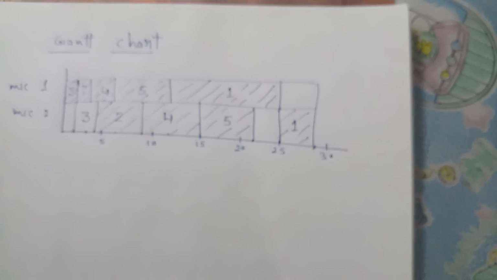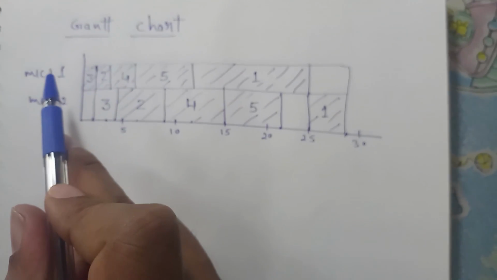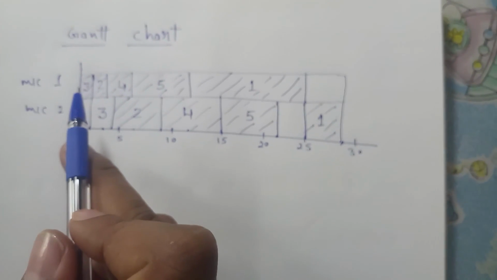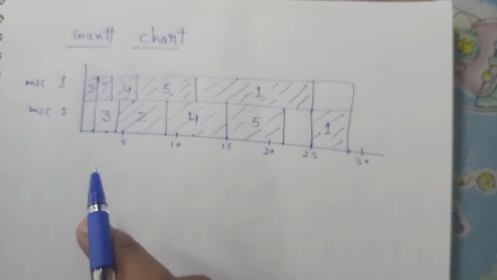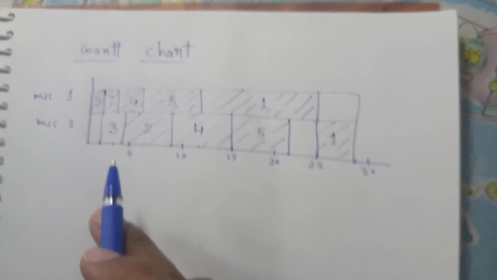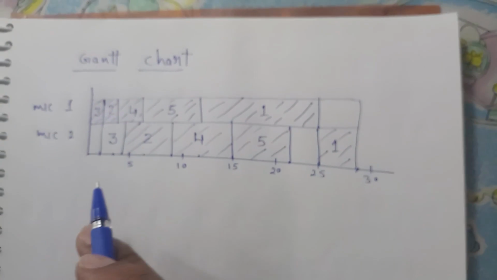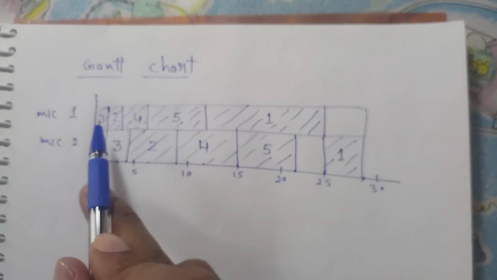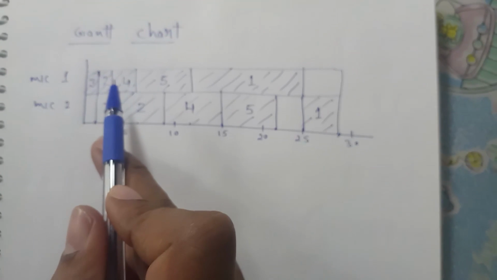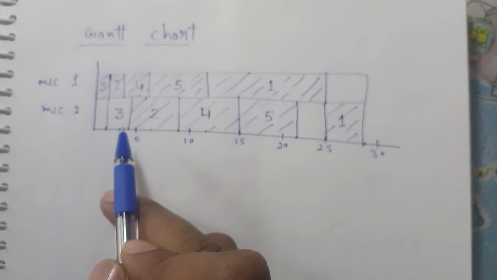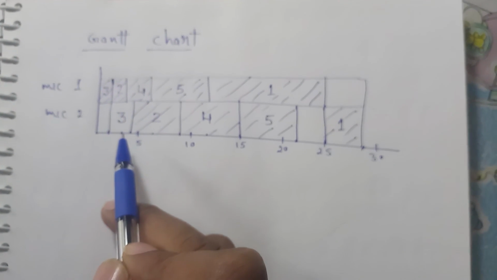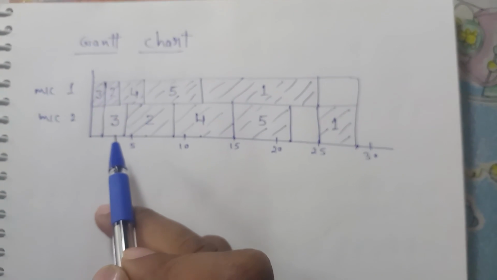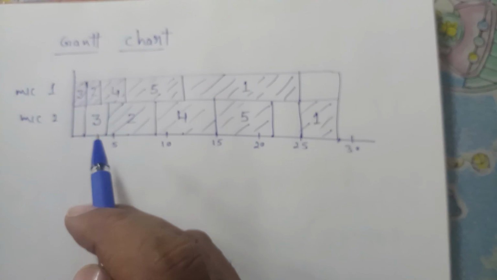For machine 1, as already told, the first job is job 3, which takes 1 unit, or 1 minute, 1 second, 1 hour. This is your 1 unit. Next, job 2 takes 3 units, 3 seconds, 3 hours, whatever you prefer.